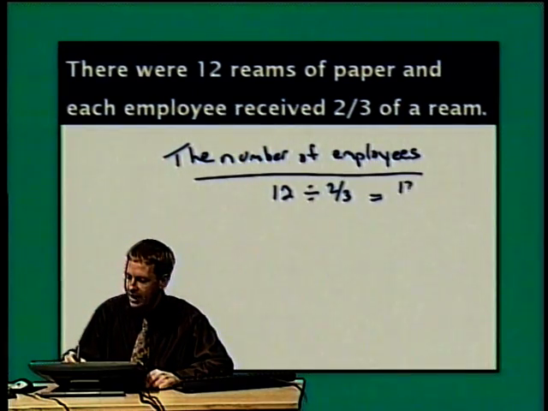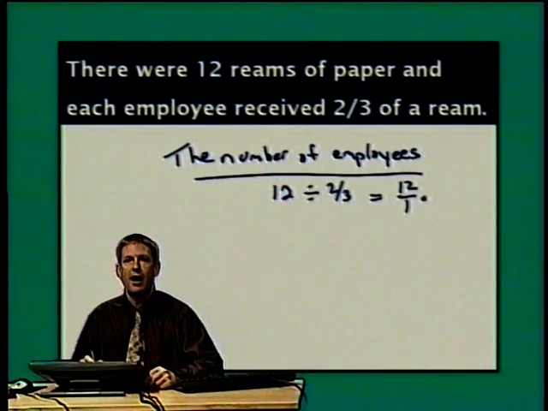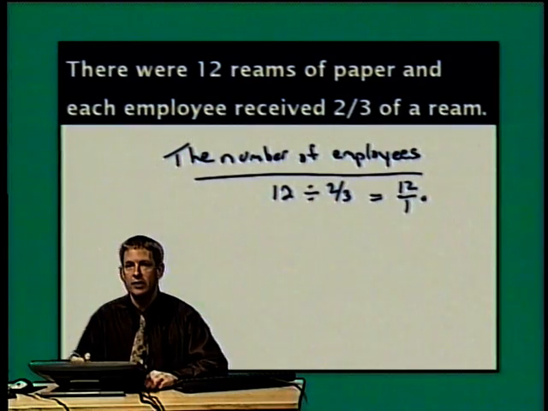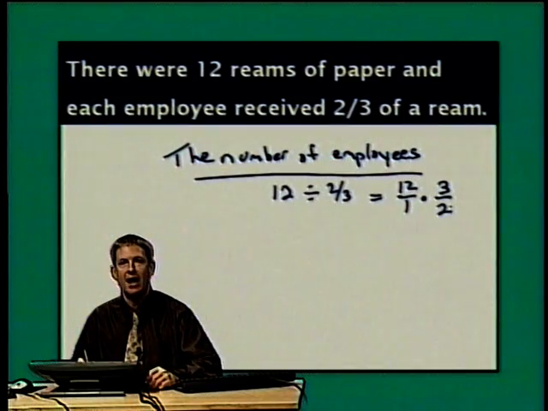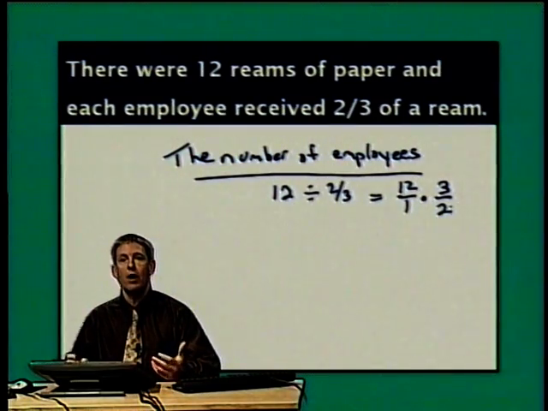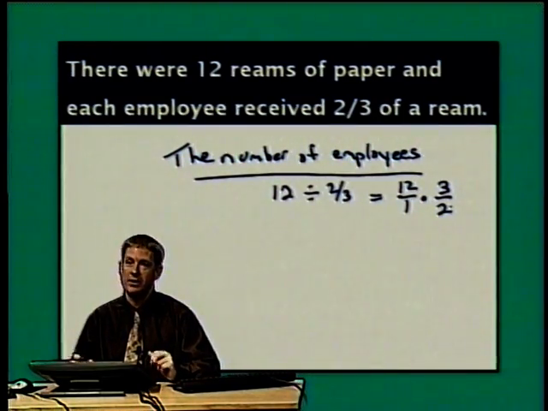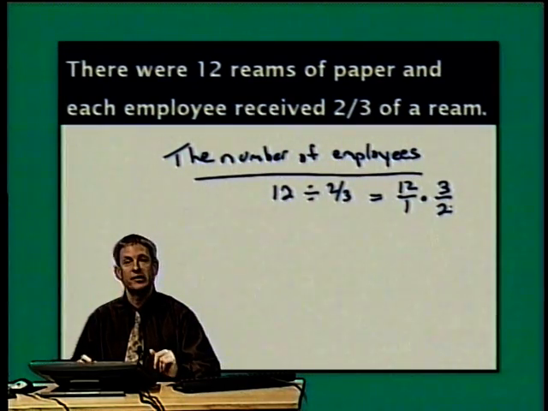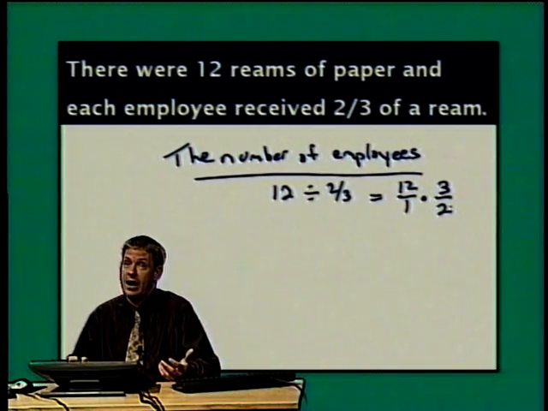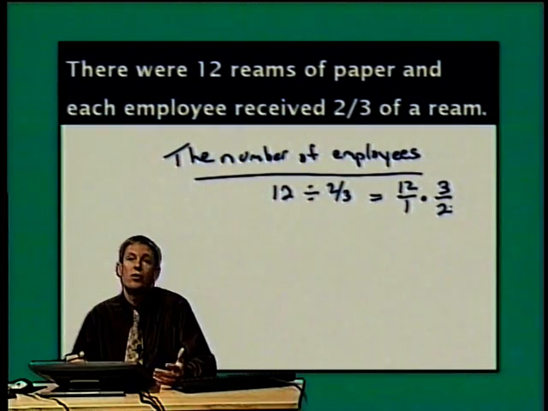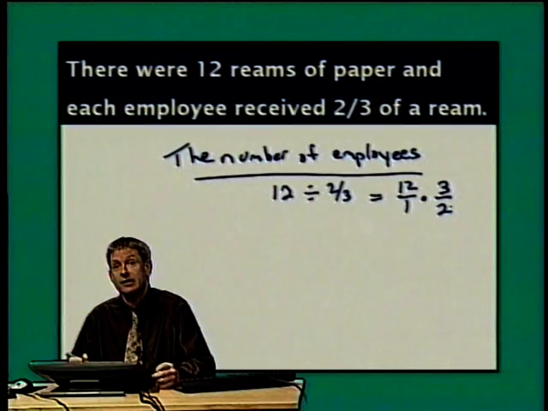We can rewrite this as 12 over 1 times the reciprocal of 2/3. The reciprocal of 2/3 is 3/2. Now, I could go ahead and factor the numerator into its primes and approach the simplification that way. Or I could just say, 12 times 3 is 36, and 36 over 2 is 18. Or I could just think 2 goes into 12 6 times, and 6 times 3 is 18.